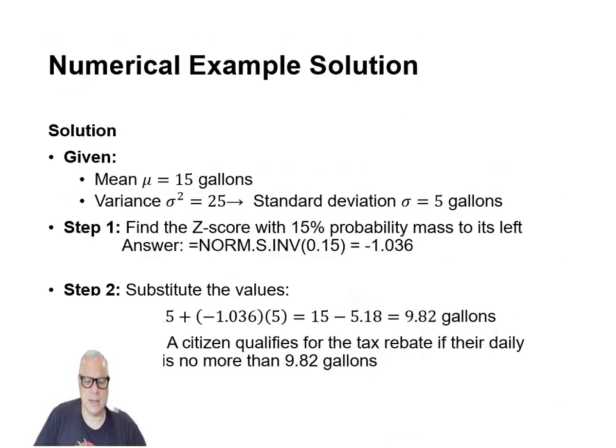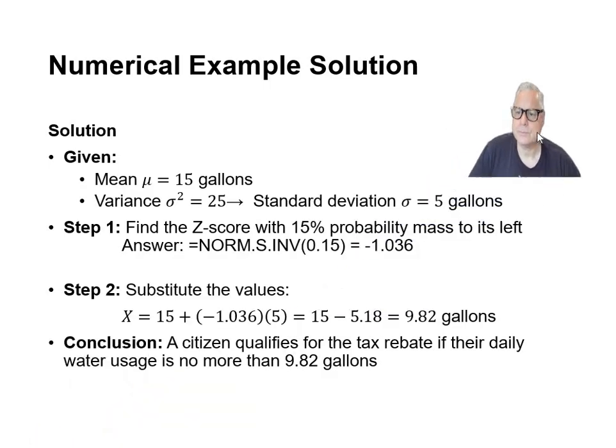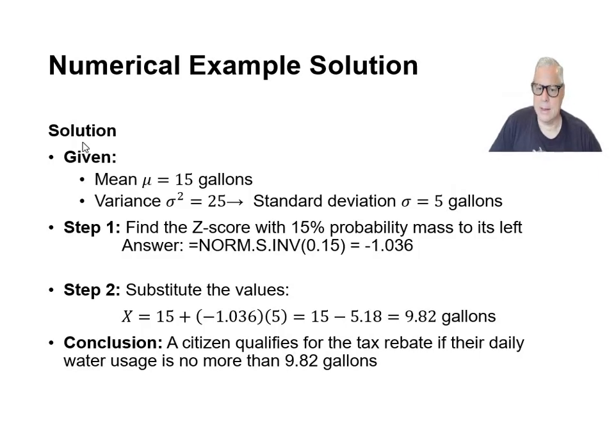Okay, so now in the next slide, there's again the solution. We are given the mean of 15, the variance is 25, so the standard deviation is 5. Then we found the z-score with 15% probability mass to its left, and we got negative 1.036.